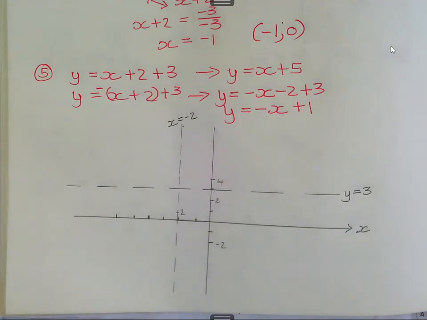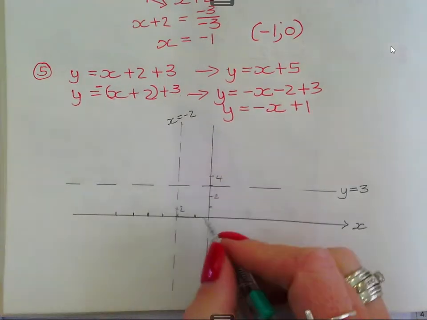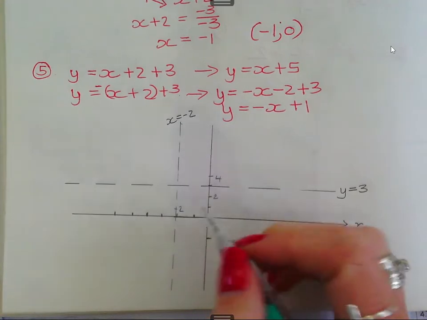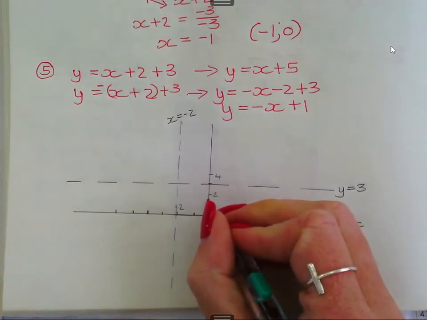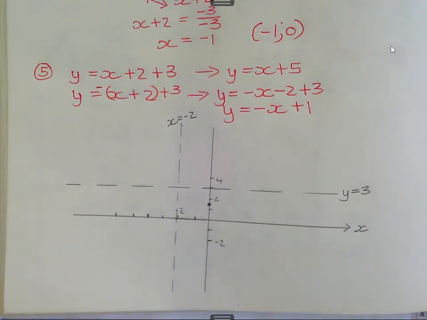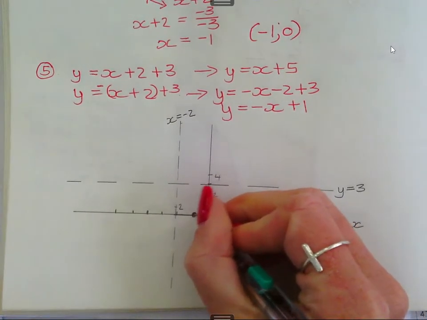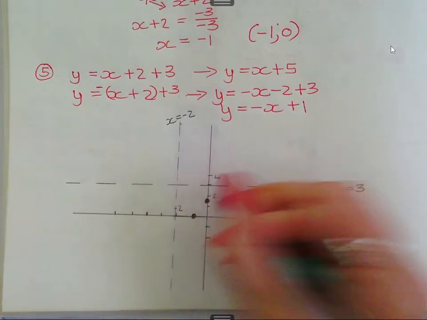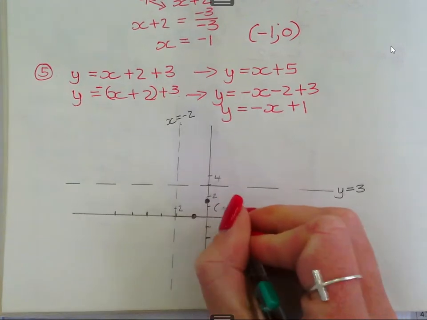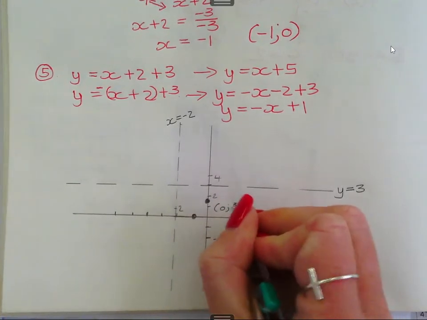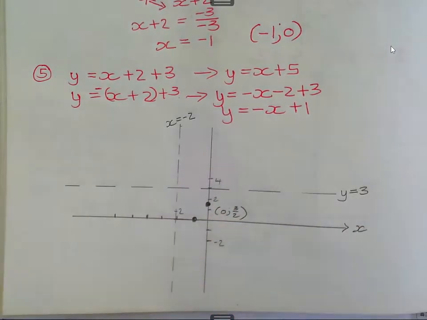So the y-intercept is at 0 and 1.5. So that will be there. And the x-intercept is at -1 and 0. Those intercepts, you must please write them as a coordinate: 0 and 3/2.